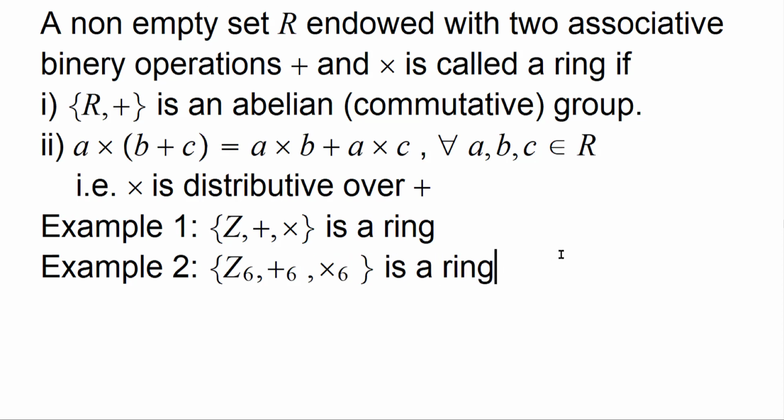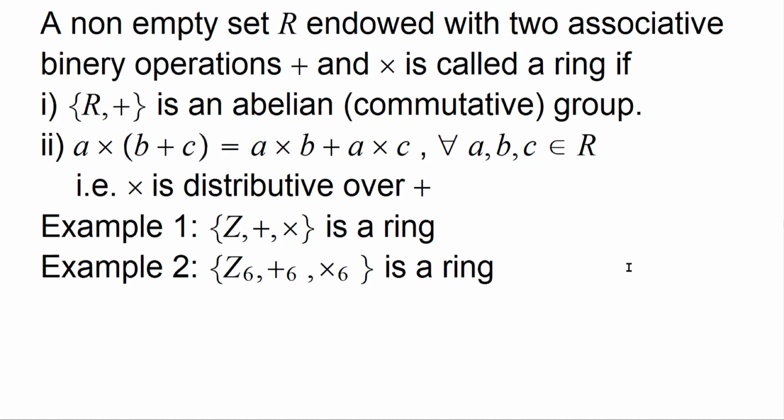Okay, so in here also all the properties are satisfied. That is, the integers modulo 6 are an abelian group with respect to addition, and multiplication modulo 6 is a binary operation. It is associative, and you can easily check that it distributes over the addition modulo 6.